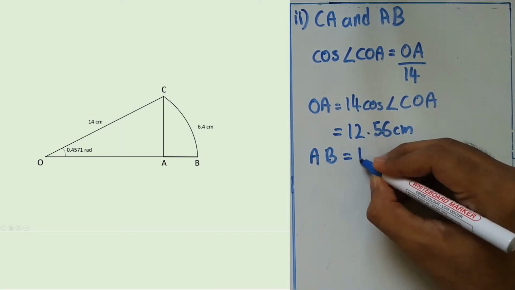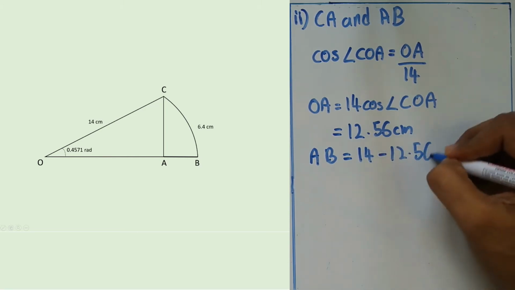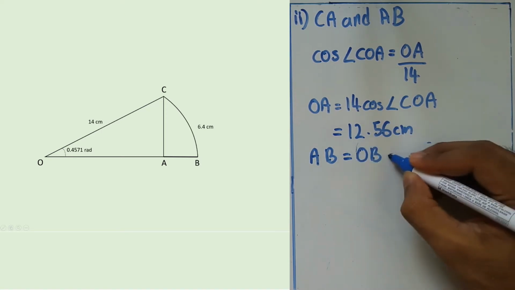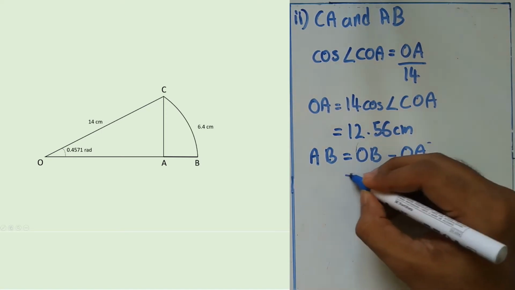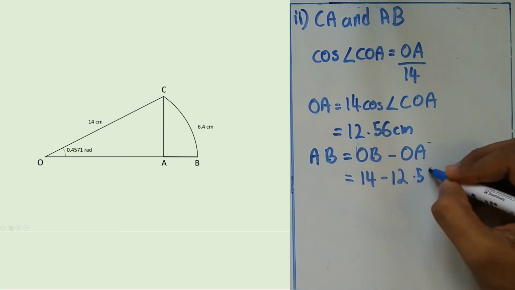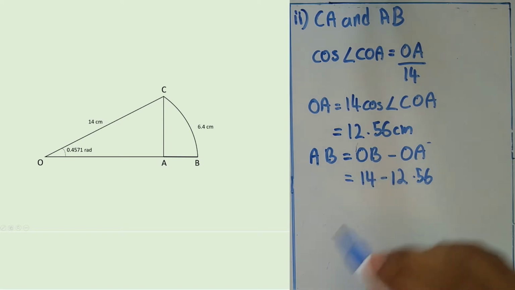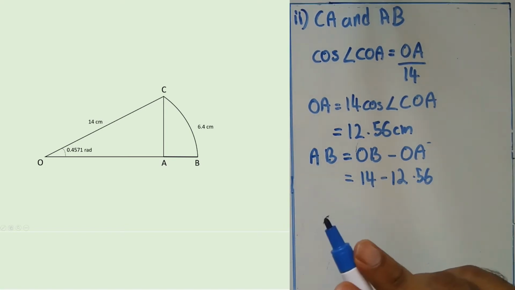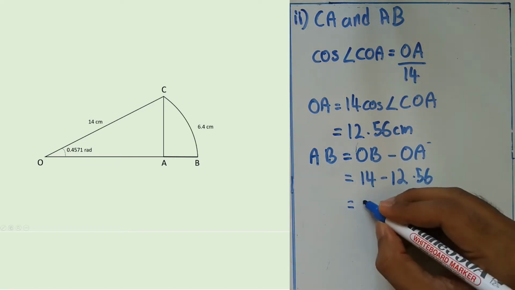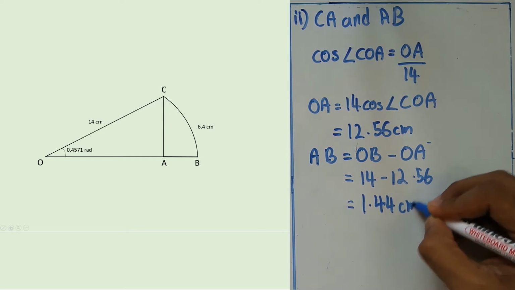AB is 14 minus 12.56, OB minus OA. OB is 14 because it is the radius of a sector of a circle. AB will be 1.44 centimeters.